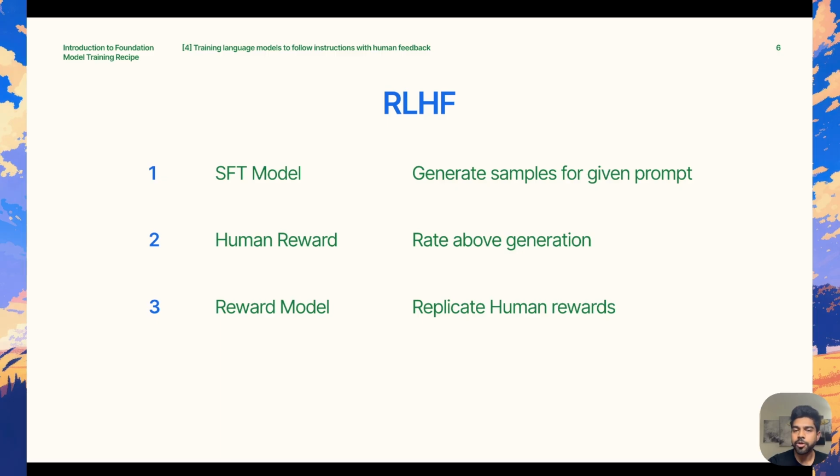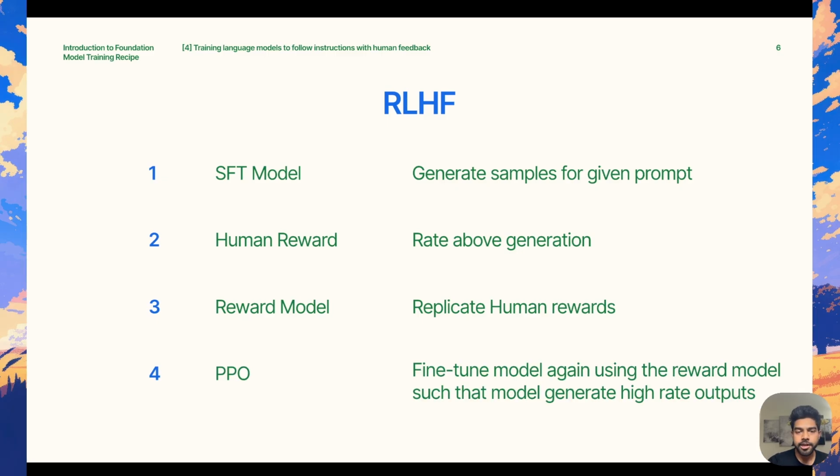We use humans only once, and we train a reward model with the human annotations, and in the training phase we will use this reward model every time. Then comes the final step, which is PPO, a reinforcement learning algorithm which fine tunes the supervised fine-tuned model, again using this reward model, such that the model starts generating high quality output.